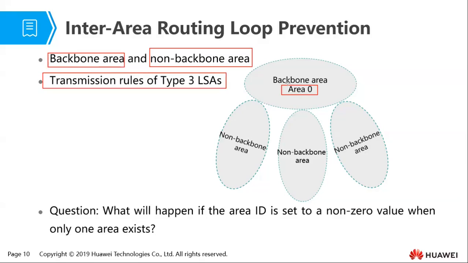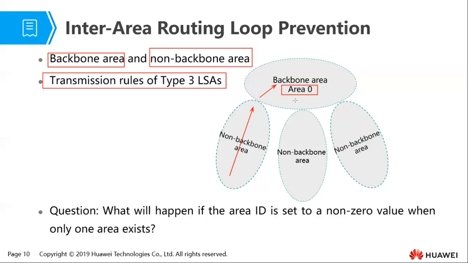Then type 3 LSAs cannot be injected back to the backbone area. What that means is this: a route originates from this non-backbone area, then the ABR forwards it as a type 3 LSA to the backbone area.